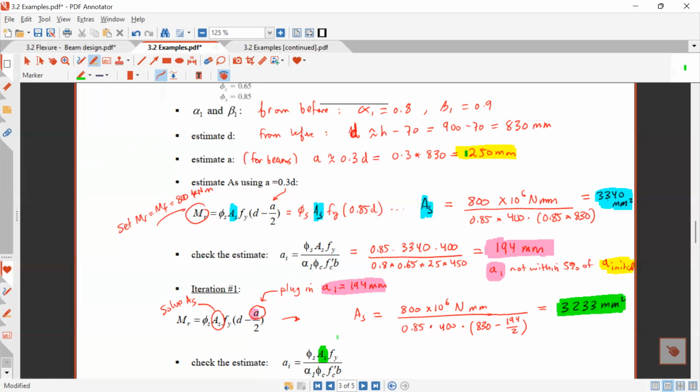So then I'm going to put it into here. I take this one and I put it into here and I'm going to get my estimate for A2.